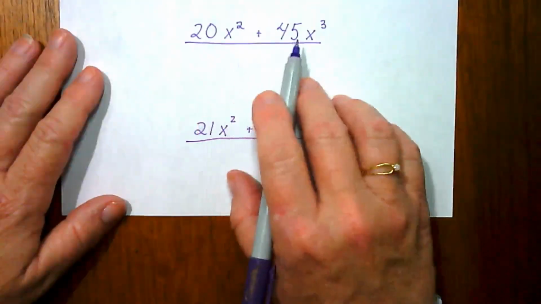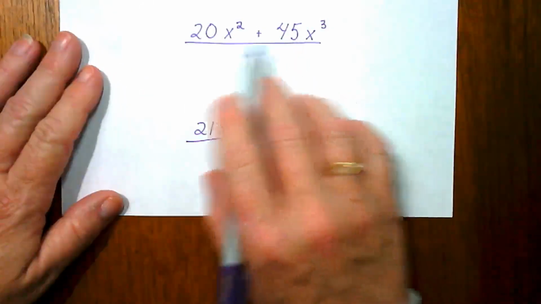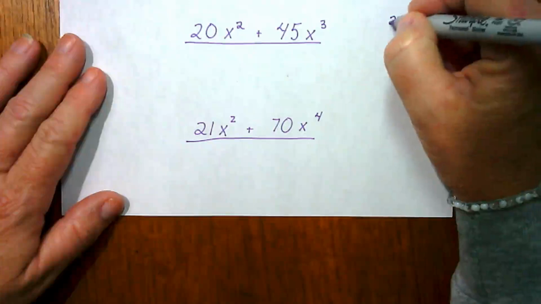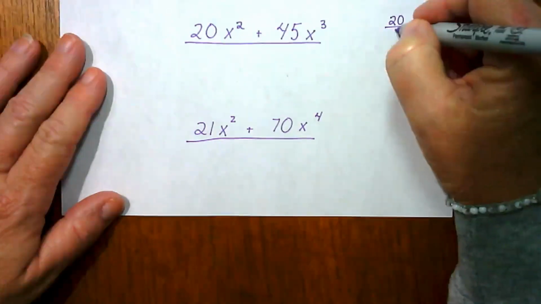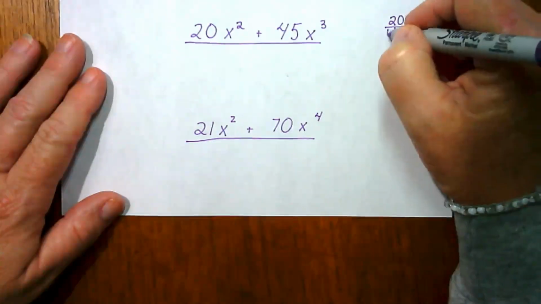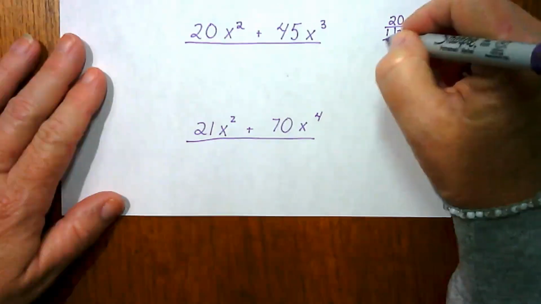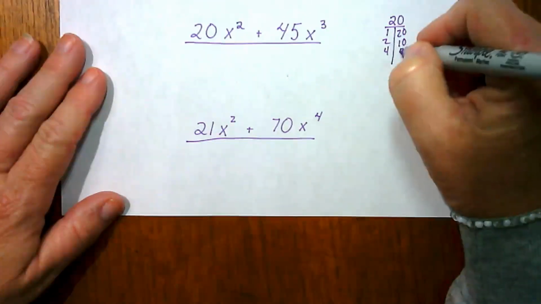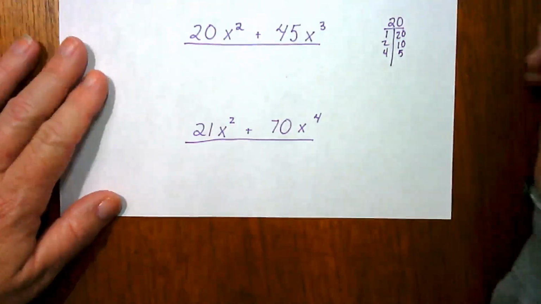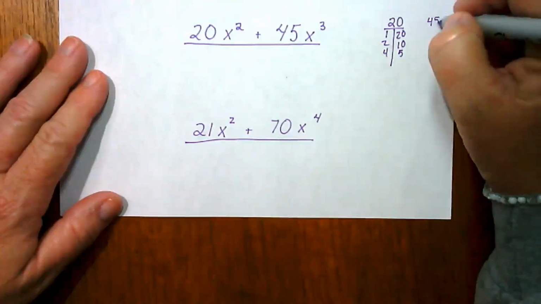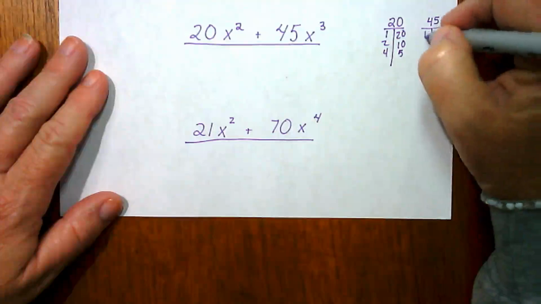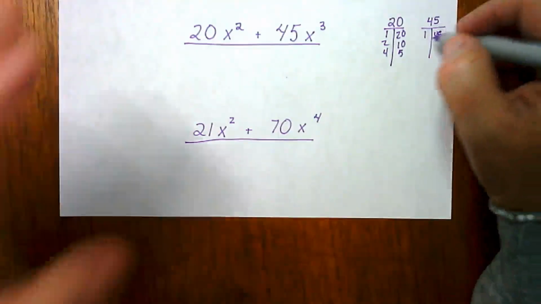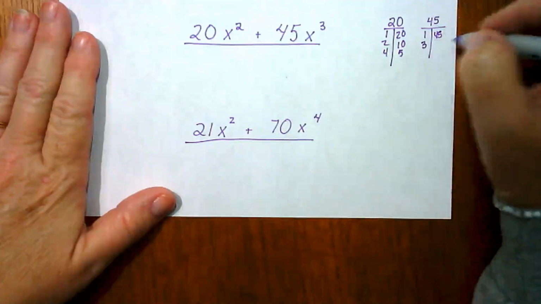Okay, 20 and 45. Okay. Doesn't jump out at me right away. So what you can do is that technique that we did in the very first intro: 1 times 20, 2 times 10, there's no 3, 4, and 5. Okay, there I am done with the 20. Okay, how about 45? 1 and 45, no 2. 3, yeah, there's a factor of 3.